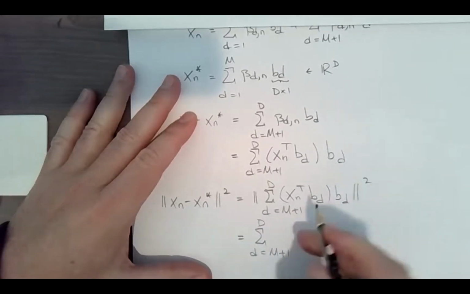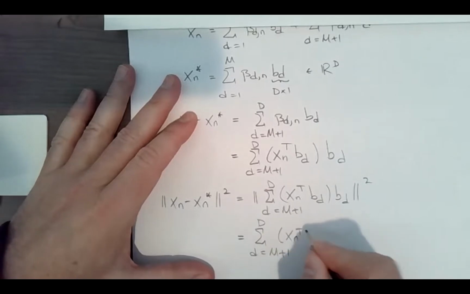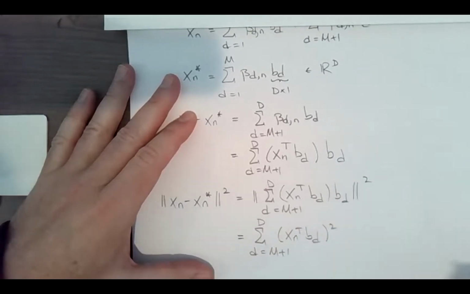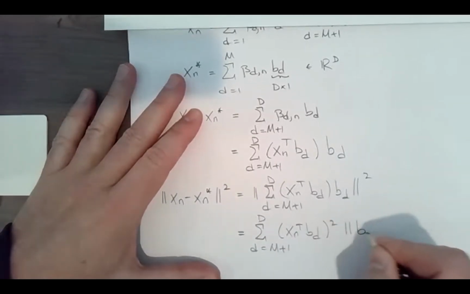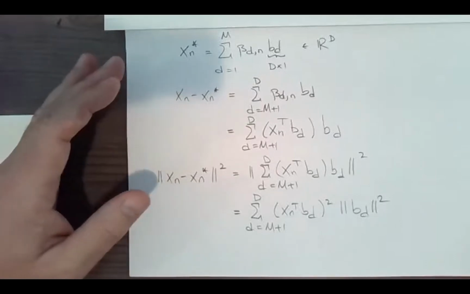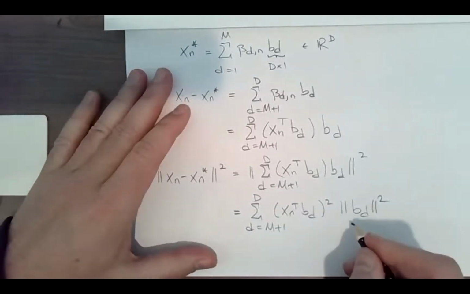These were coefficients, so you're going to get them squared, and then the norm of bd squared. Well, we know that is equal to 1.